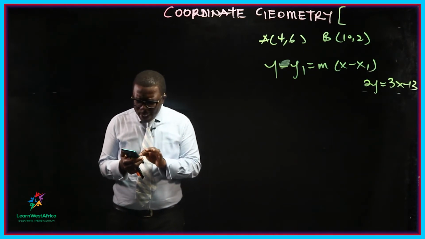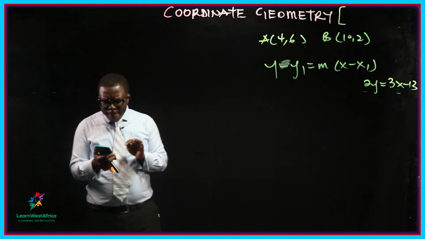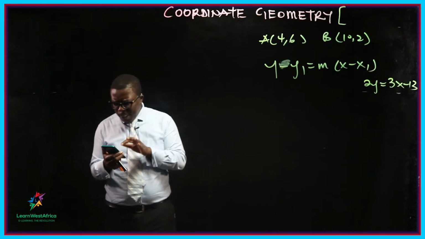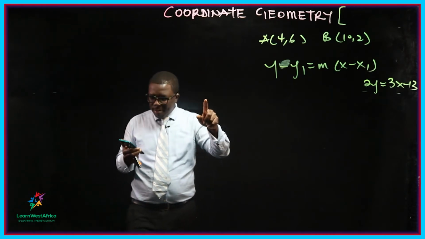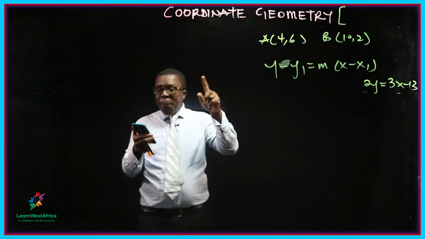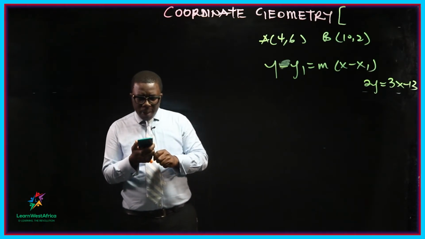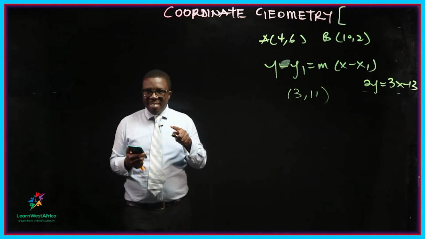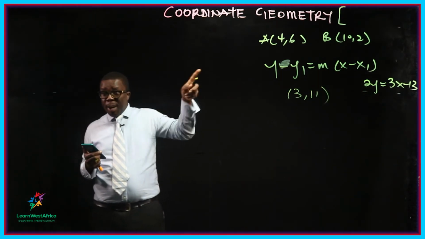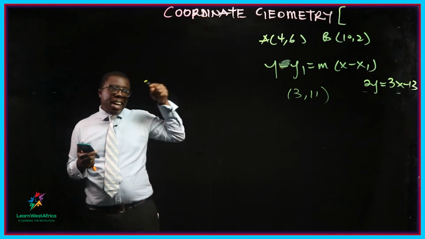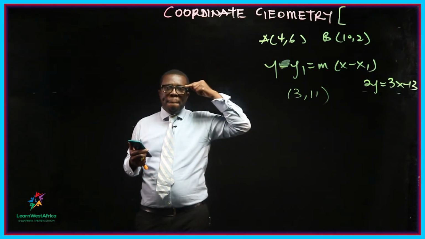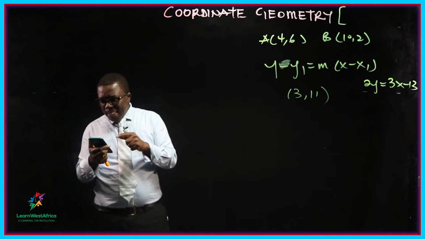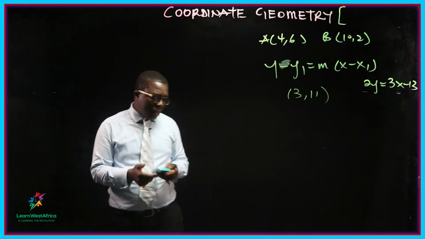Okay, so now it goes on to tell us that the point C also lies on the line that is parallel to AB through (3, 11). So this other line where C can be found, that line is parallel to AB. Hope you're okay. That line is parallel to AB. And we are saying that it also goes through the point (3, 11).